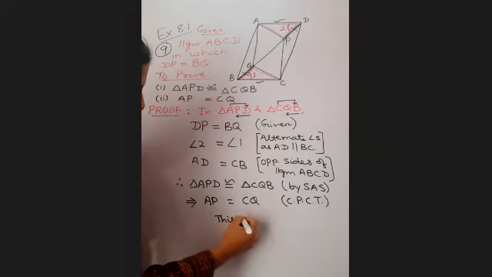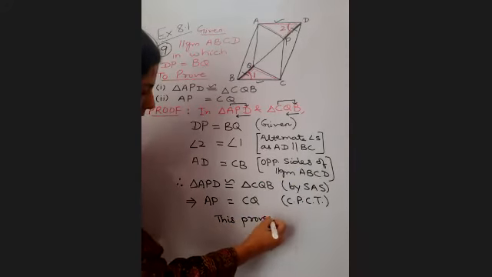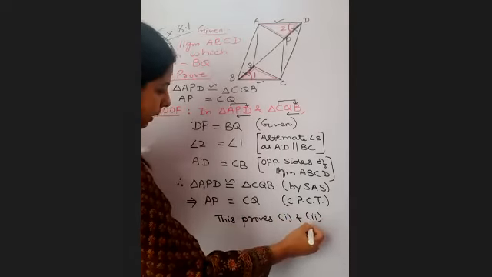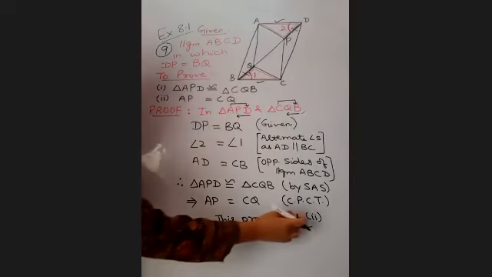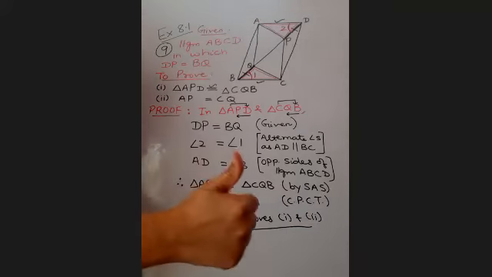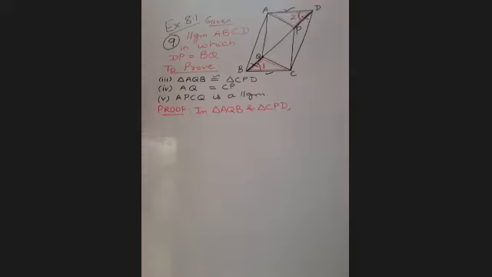We will write these proofs as 1 and 2. Now, what does it mean? It means that we are writing that the first two parts are proved. Okay? Yes, children. Now we have to show that AQB is congruent to CPD.